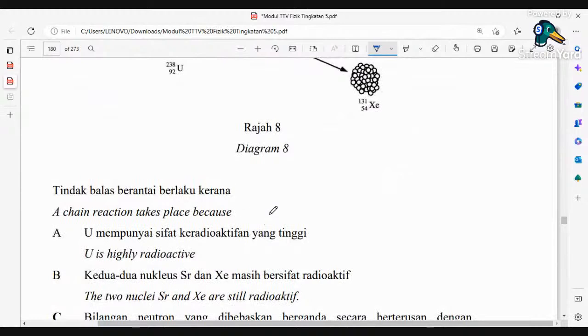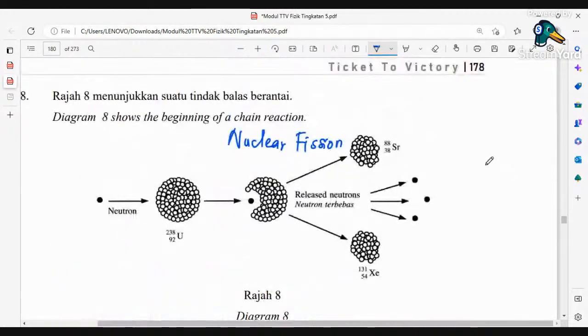A chain reaction takes place because, why? As you can see, the fission process at the same time also emits neutrons. There are 3 neutrons here. So these 3 neutrons, if nothing happens to them, will again bombard other uranium.